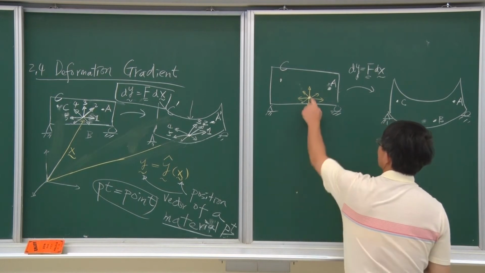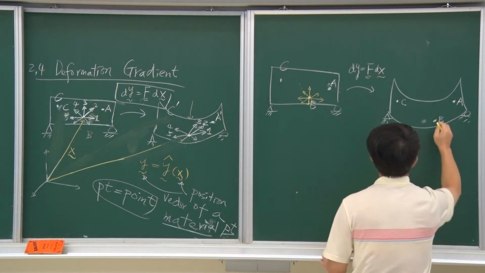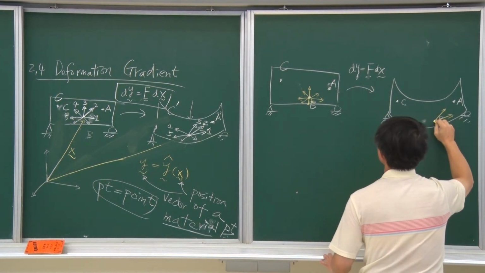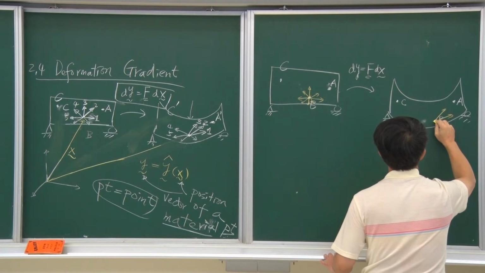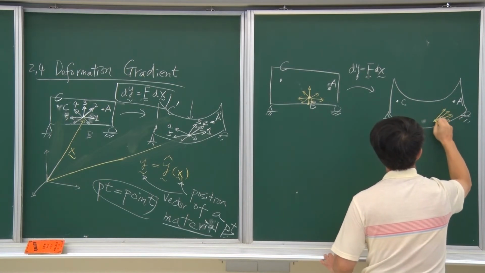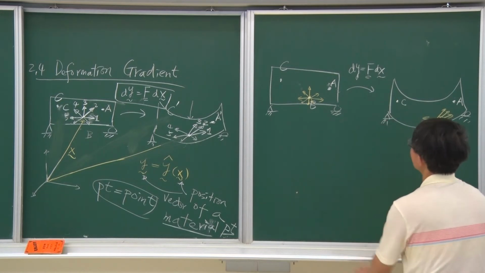The material line around this material point will be sent to the material line here, like this.